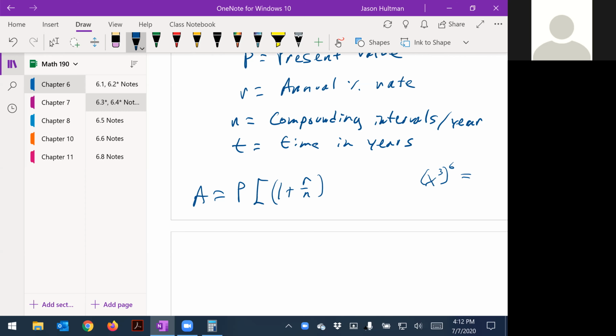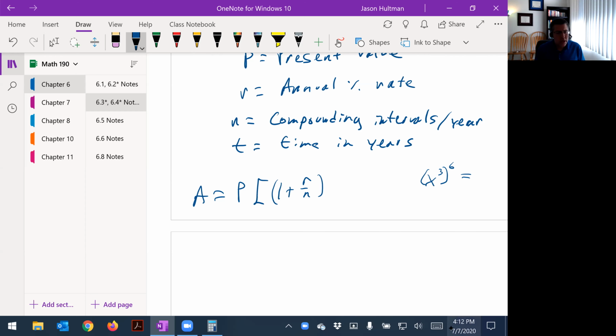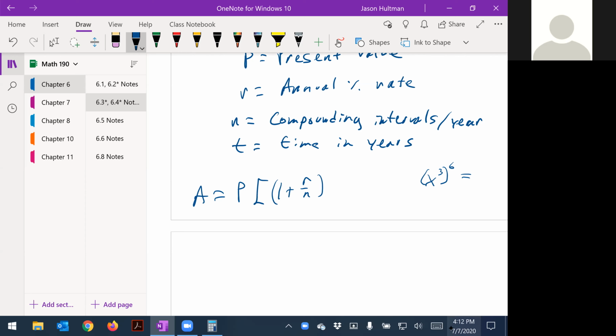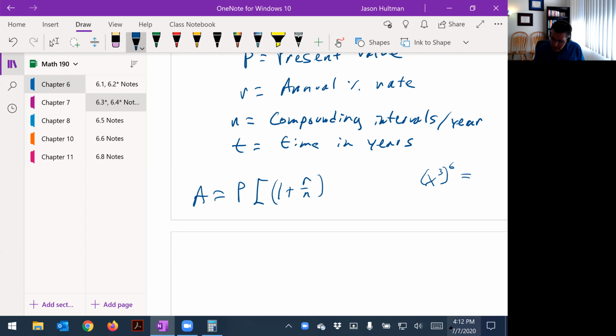Thank you, Anthony. So x to the 18th, right? Power to a power. And again, we had nt, right? So couldn't I rewrite this as to the nth to the tth power? Is that allowed?